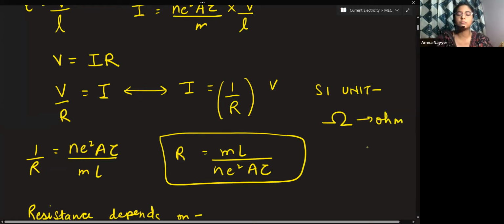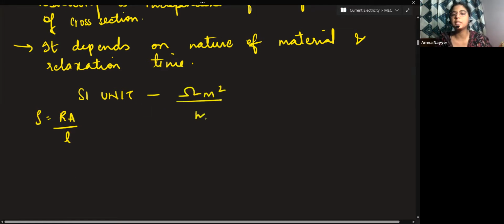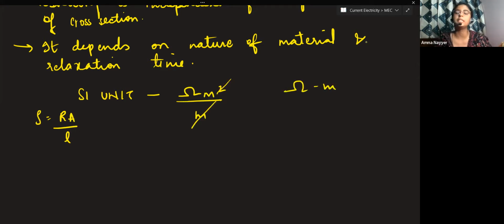So as she was rightly saying, the SI unit for resistivity: the way Kulsum has answered, her answer is right, because resistivity is RA divided by L. Resistance is ohm, area is meter square, length is meter, meter square by meter gives meter, so the SI unit becomes ohm meter.